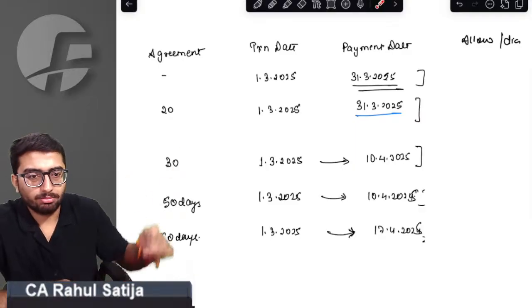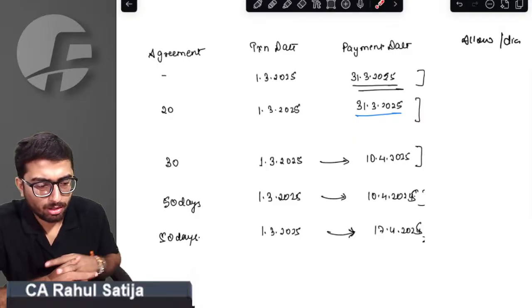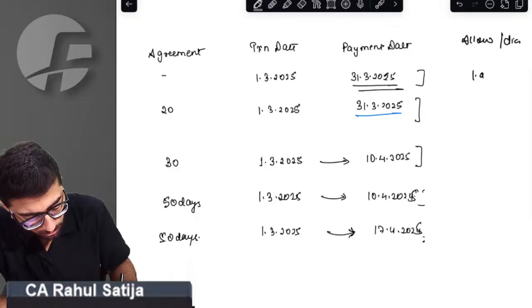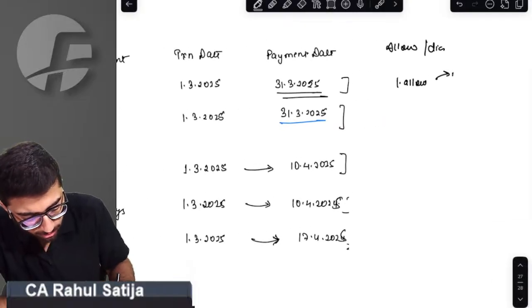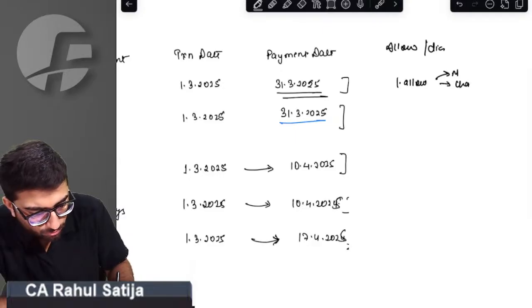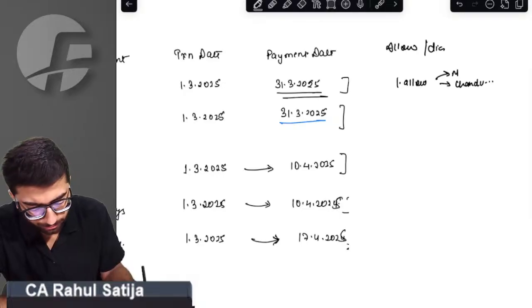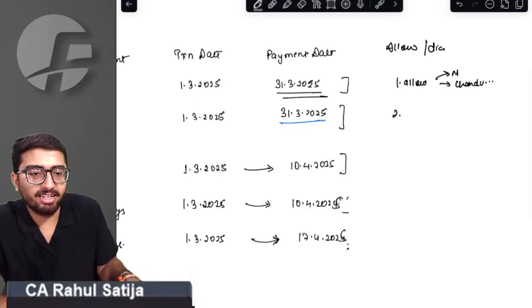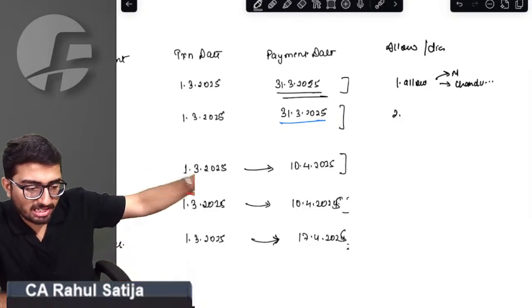Just write one and then respond. Monisha says allow. As per Monisha, as per Chandu. Okay. Second, just answer the second one.